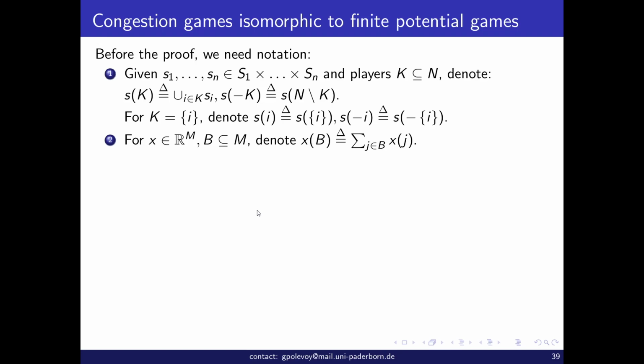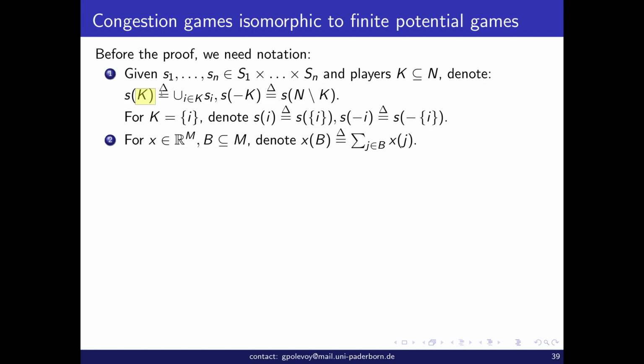So before the proof, there is the following notation. Given a strategy profile and some subset of players K, capital K, denote the profile of that subset of players K. So S applied on K as a function. Actually, we used to define the vector that way; if K were a subscript, it would be simply the vector of the strategies of those players.